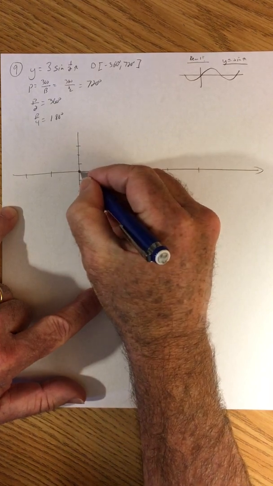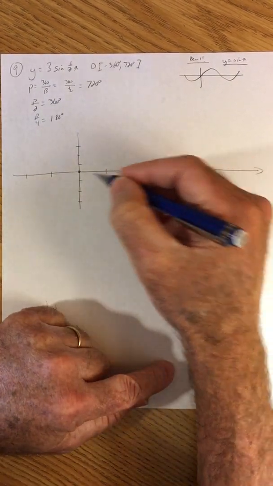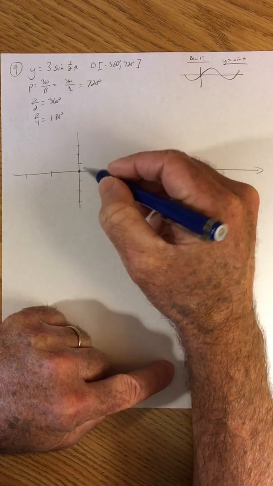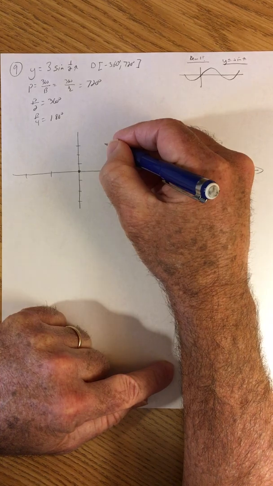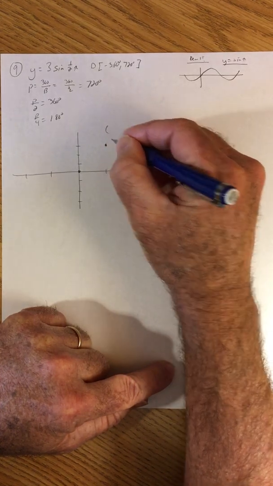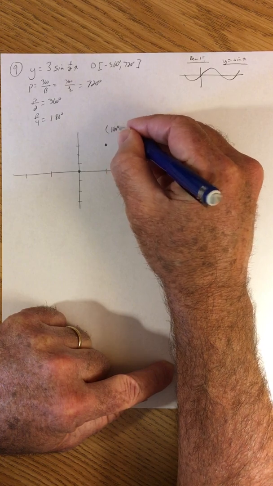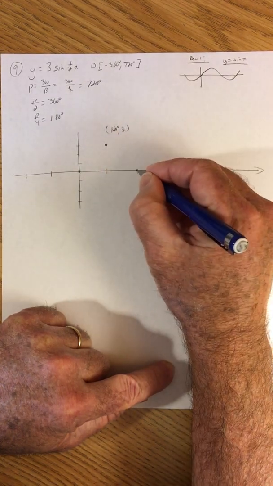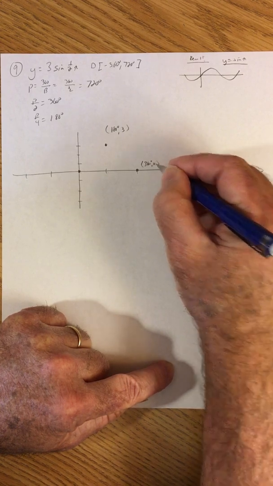So that will stay at 0, 0. We're going to go up 3 and down 3, and that's going to happen at the quarter cycle. So this is a quarter cycle. That's 180 degrees, so this point will be 180, 3. Another 180, that gives me 360, 0.